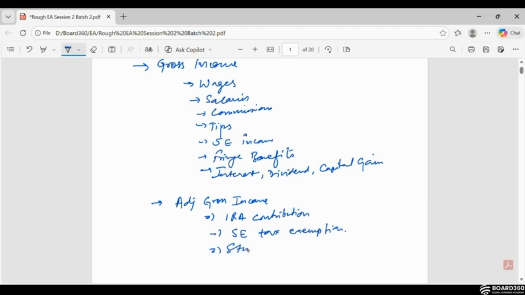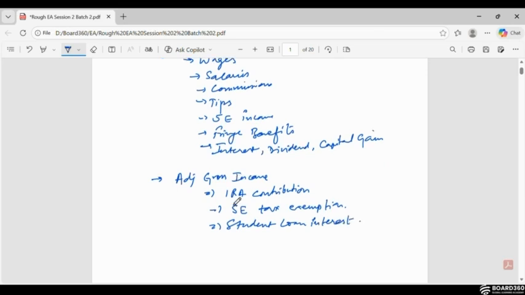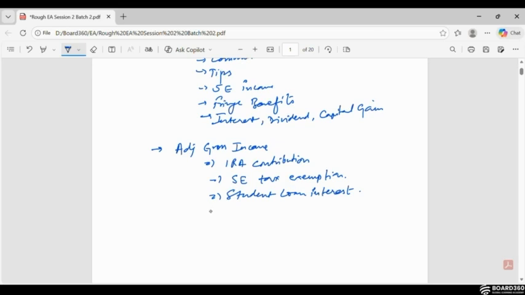Then student loan interest. If you have a loan for education, then the interest you can deduct from your gross income. Then the early withdrawal penalty, and many more. We will discuss all of these in different sessions.